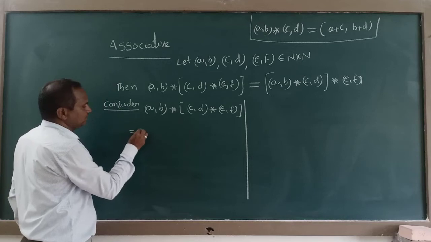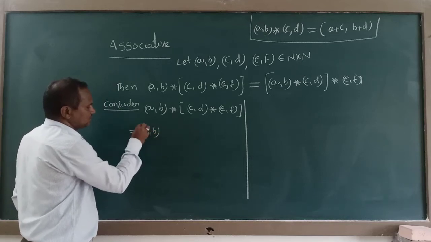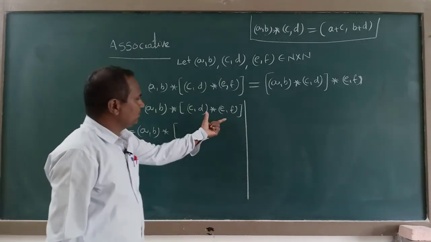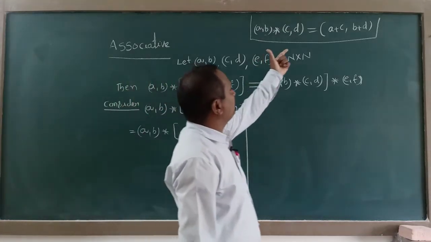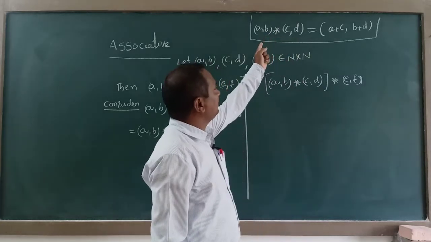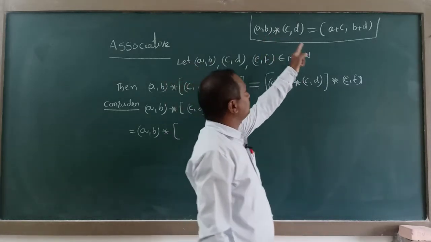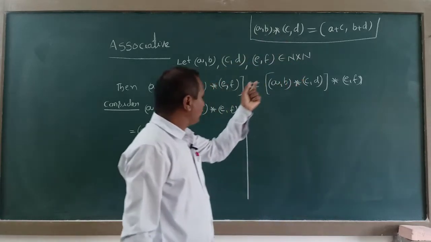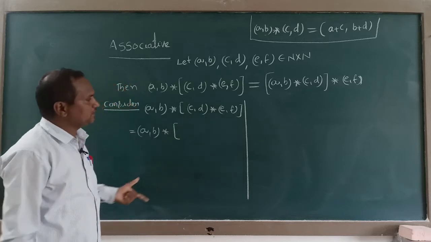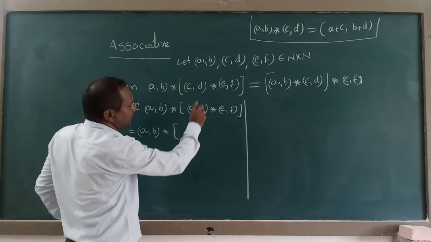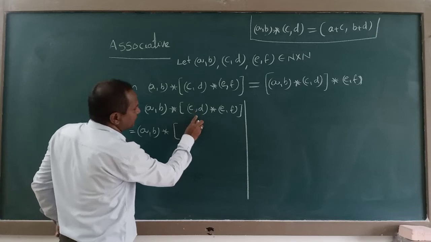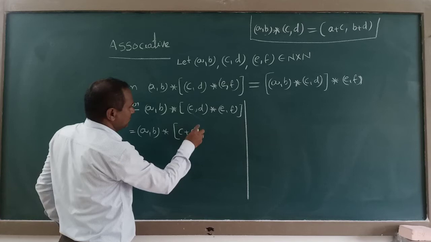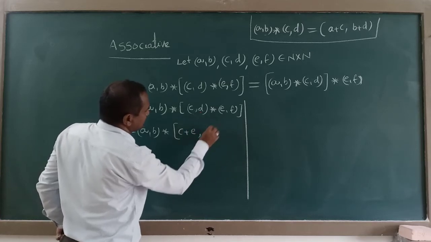That is equal to (A, B) star of, we have to apply the given definition for the star of these two ordered pairs. One ordered pair star another ordered pair is equal to the sum of all first elements comma the sum of all second elements. The same formula we have to apply for the bracket part. According to that definition, we can write the sum of all first elements, C plus E, comma, next the sum of all second elements, D plus F.